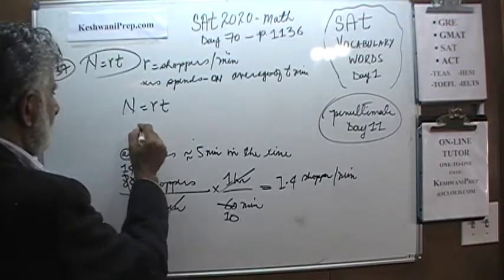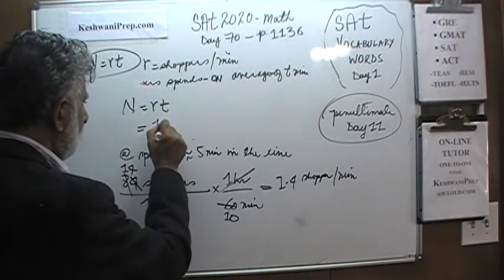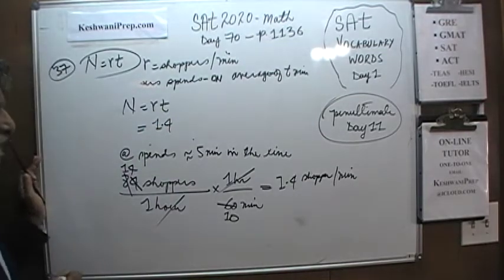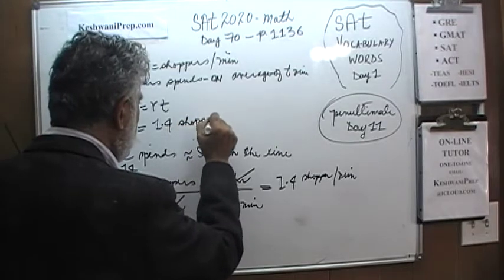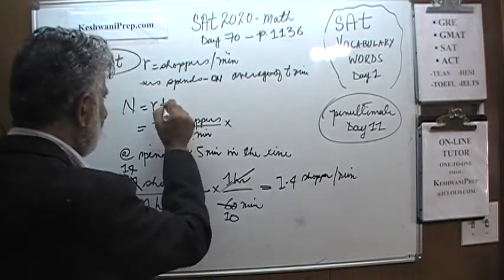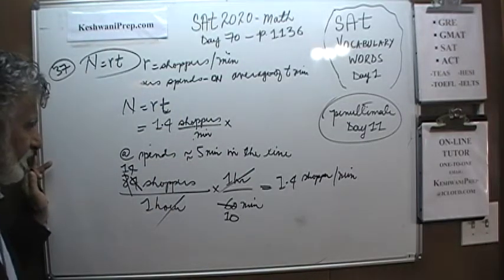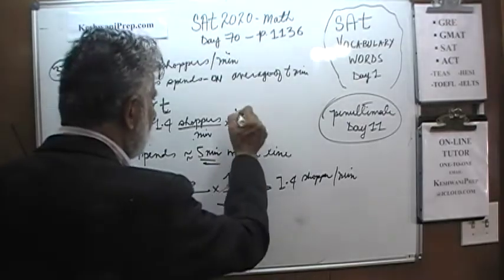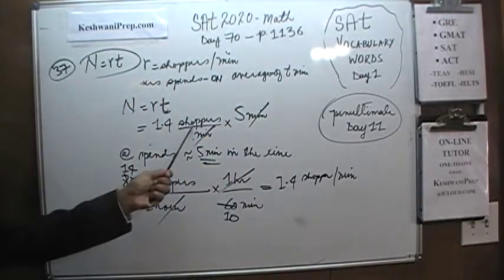So now we have the value of R, 1.4 shoppers per minute, and T represents the number of minutes each shopper spends in the checkout counter, which we are told is approximately 5 minutes. As you can see, the minutes drop out, and what we're left with is the shoppers.